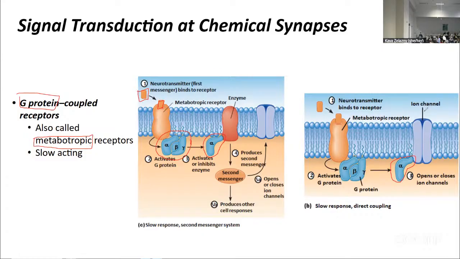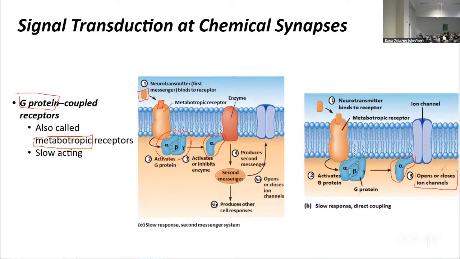So let's stay on this image B. This is the smaller one. All right, so neurotransmitter bound to the receptor. Our G protein got activated. It broke up. This alpha part came down, and that alpha part is going over to this ion channel and opening it up, right?